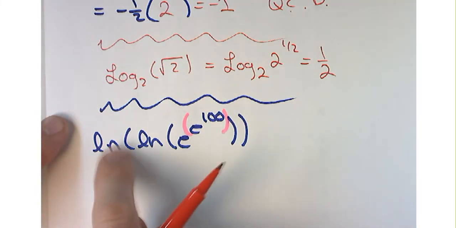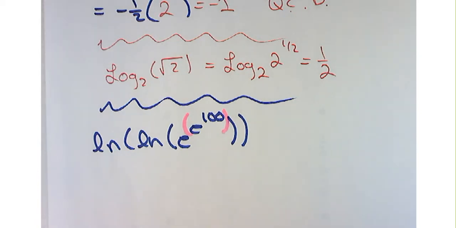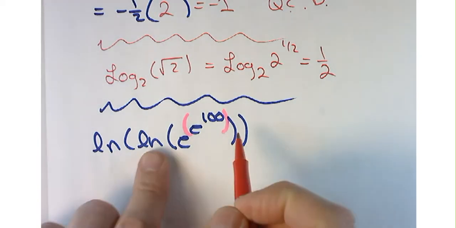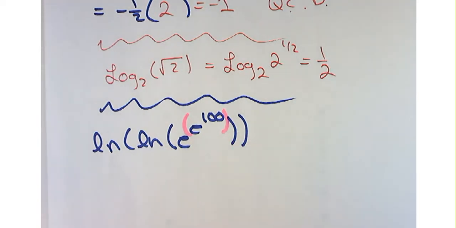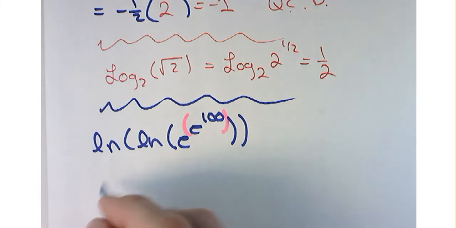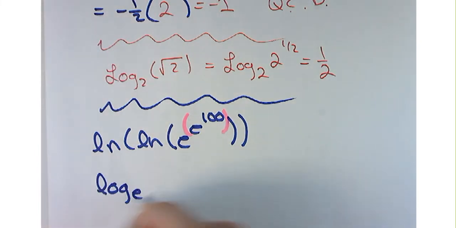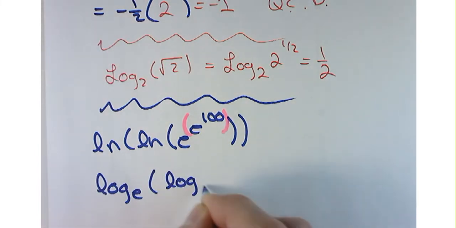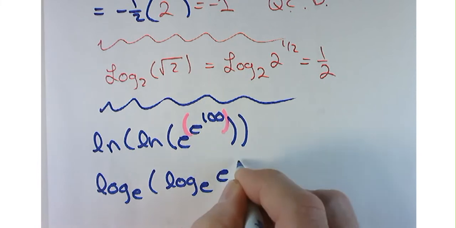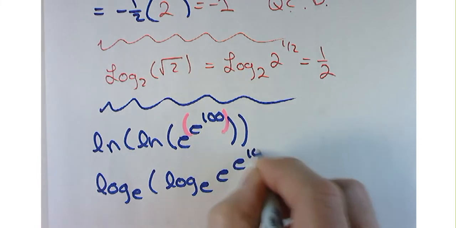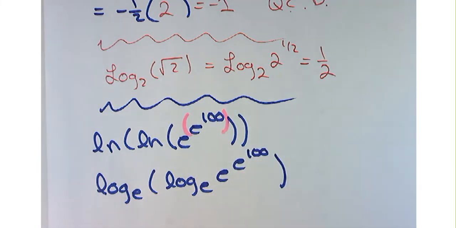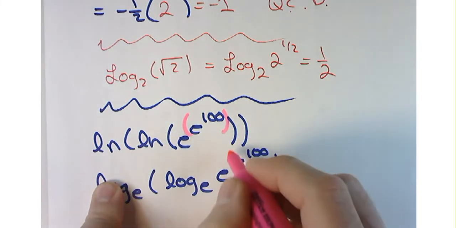It probably wouldn't hurt to recall that this is log base e. So it's really log base e of log base e of e to the e to the 100. All I'm doing is replacing the ln notation with log base e.